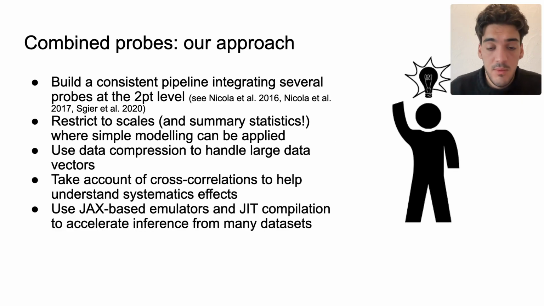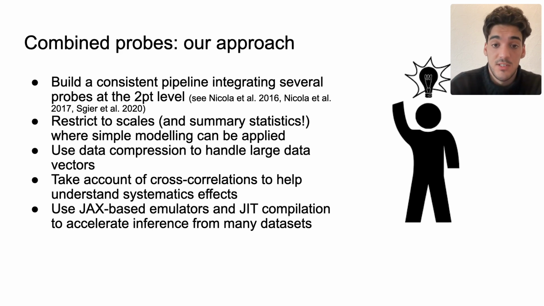So how do we mitigate this, and how do we approach this problem? This work is based on a series of previous works where we've built pipelines for integrating several probes at the 2-point level. The main underlying idea behind these frameworks is to restrict to scales and summary statistics, just 2-point statistics, where we can simply model the data and model the covariance matrices.